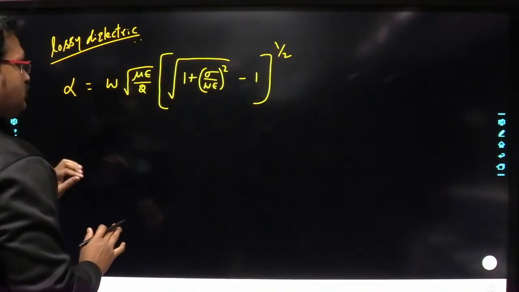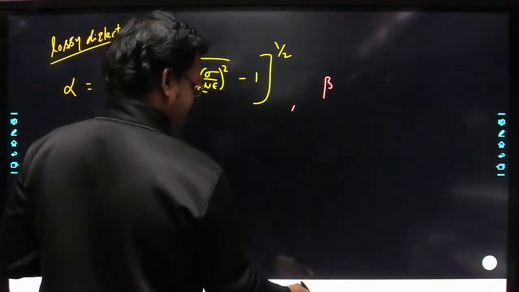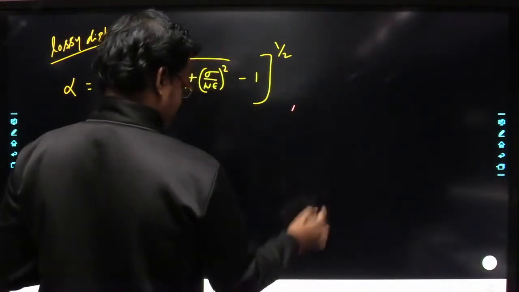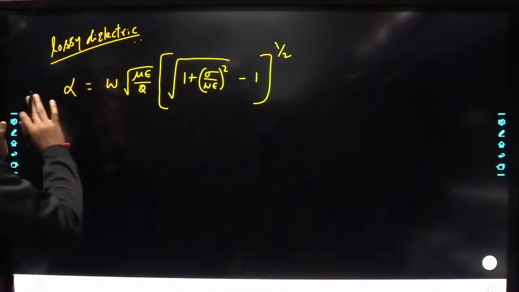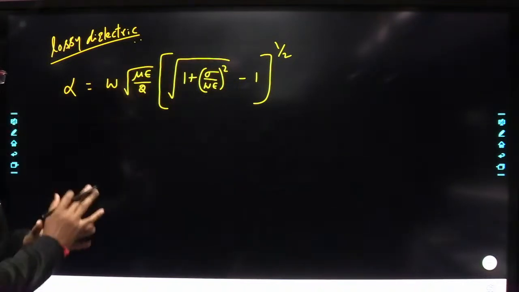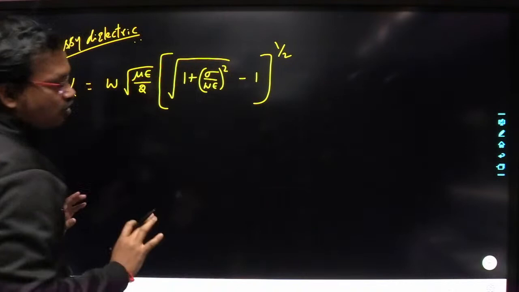If you want the beta value, the expression for beta looks similar, the only difference is that in place of minus you have to put plus.